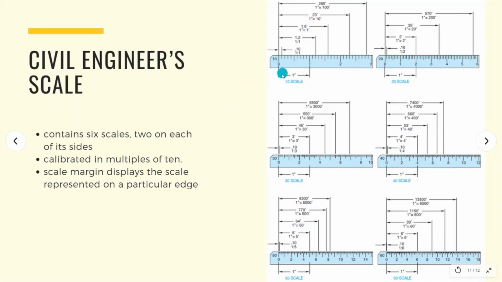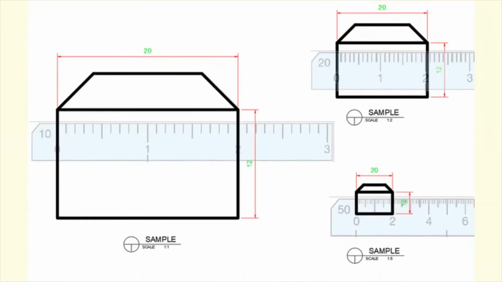So the 10 scale is 1:1. If it is the 10 unit scale, 1 meter becomes 1 inch. The 1 inch here can of course be divided. Okay, a sample of the engineer scale: let's say it is 20 inches, assuming we use inches.